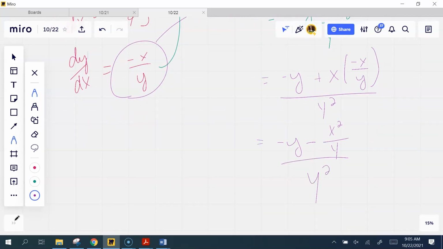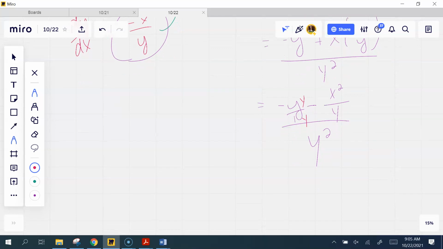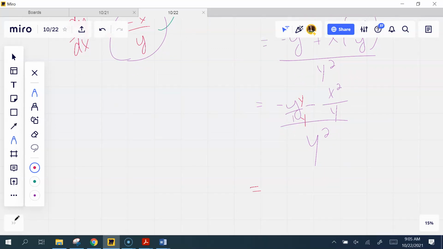It would be okay for you to leave it there. If you needed to simplify it, I could make these have common denominators by giving both of them a y here. So this would be negative y squared minus x squared over y.